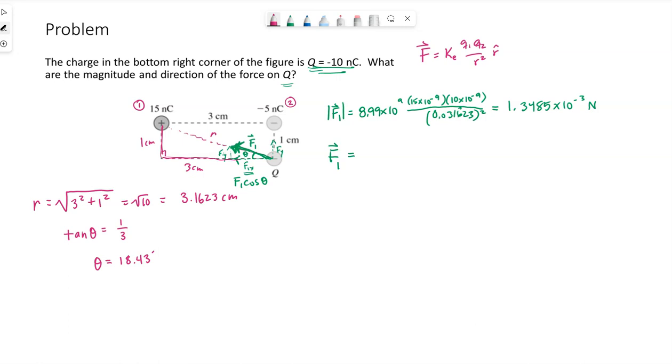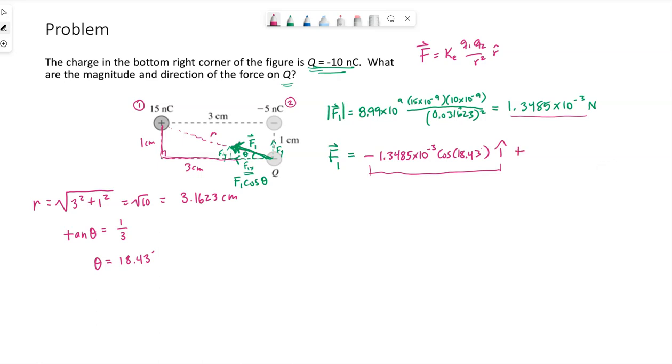And so I can totally take our magnitude F1 and multiply it by the cosine of theta. But I do need to put in negative because I know it points to the left. So the magnitude times the cosine of this angle minus i hat is that direction to the left.